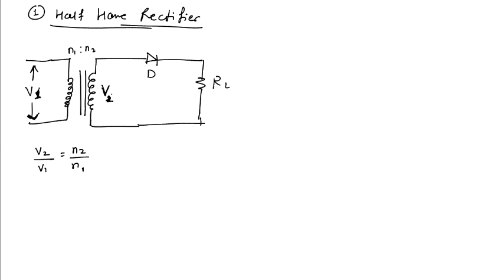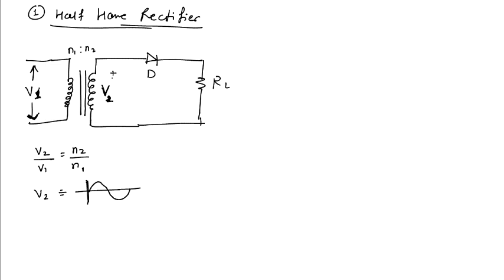Now this V2 voltage will be a sinusoidal voltage which has this kind of waveform, meaning it has a positive half cycle and a negative half cycle as well.